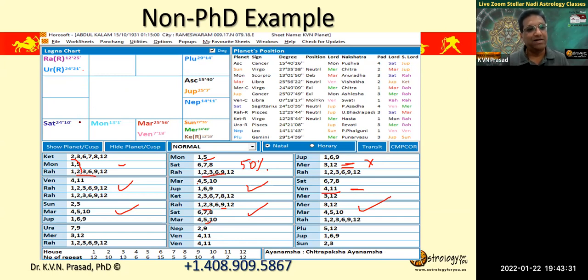So is there a Saturn connection to the ninth house? Is Saturn aspecting the ninth house? No. Is Saturn aspecting the ninth lord? No. Or the ninth lord aspecting Saturn? No. Is Saturn sitting in the ninth lord's nakshatra or sublord?